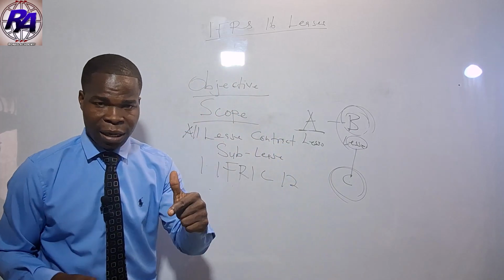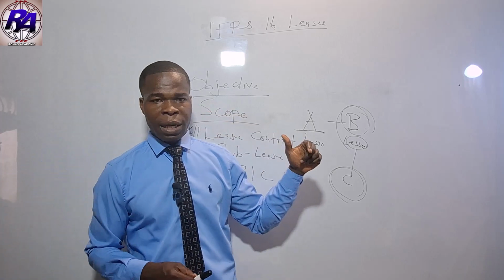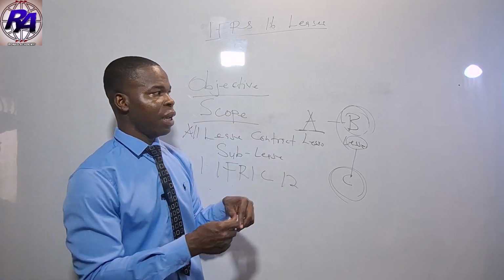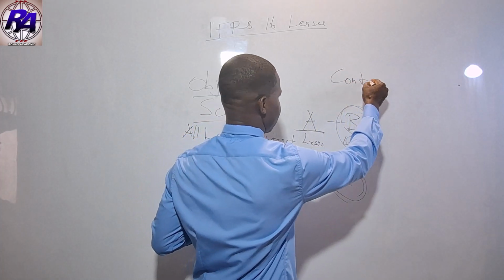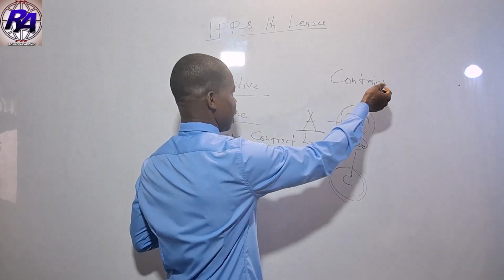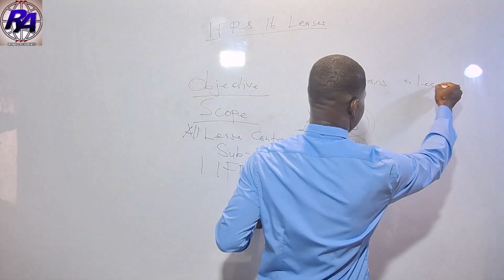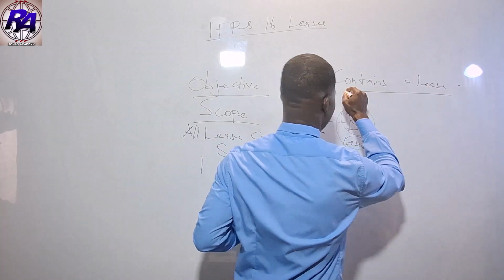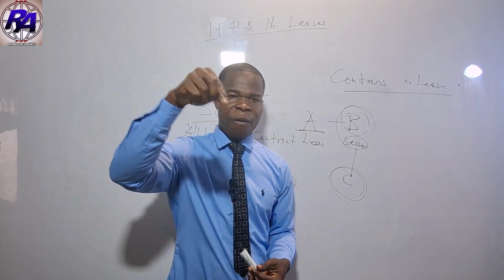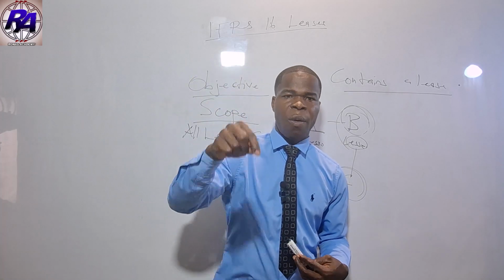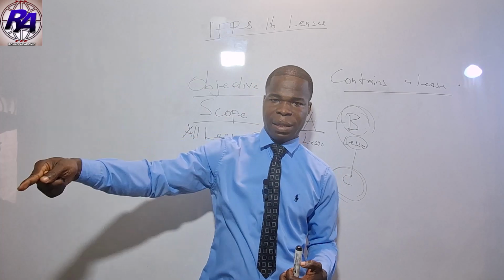Now the standard says that a contract is a lease or contains a lease when that contract conveys the control of an identified asset.